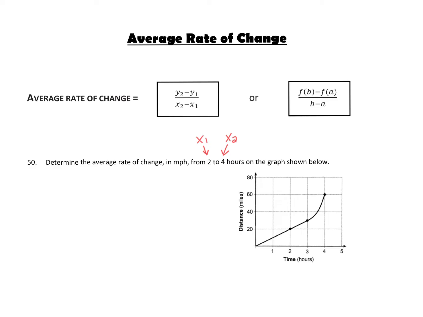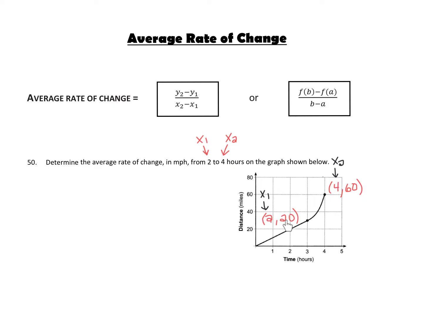Now, let's just look at these points on the graph, right? When x equals 2, the corresponding y value is 20. And when x is 4, the corresponding y value is 60. All right, so since I already said that we were going to make the x value of 2, x1, and the x value of 4, x2, then whatever y value corresponds with each of these, right?